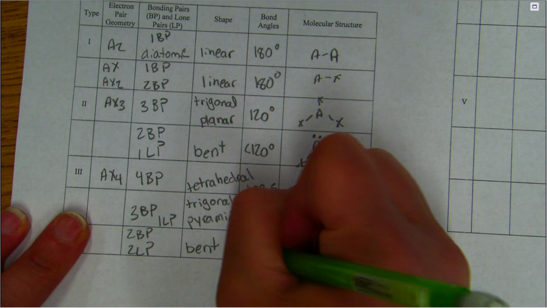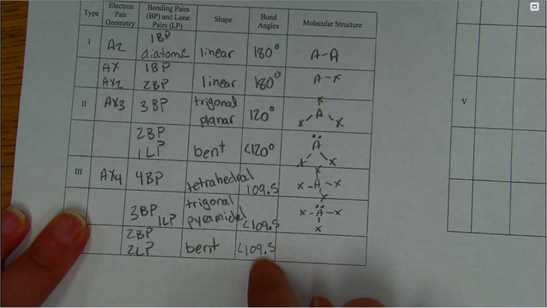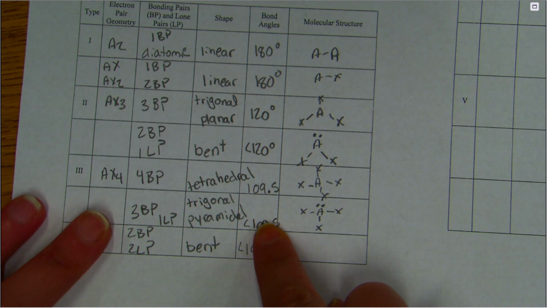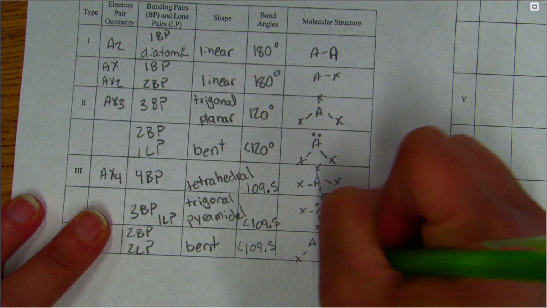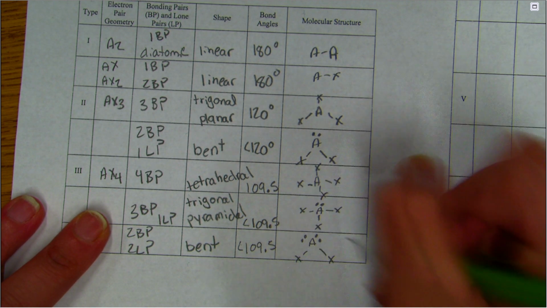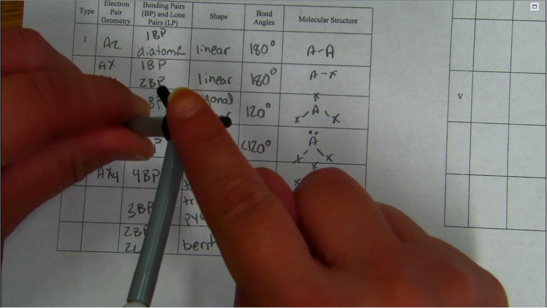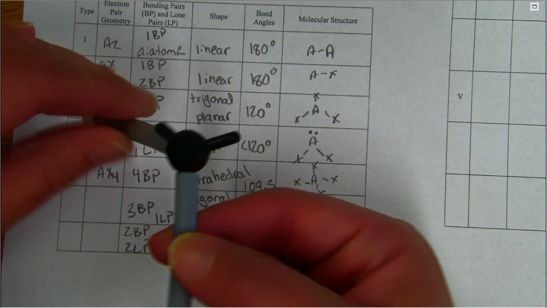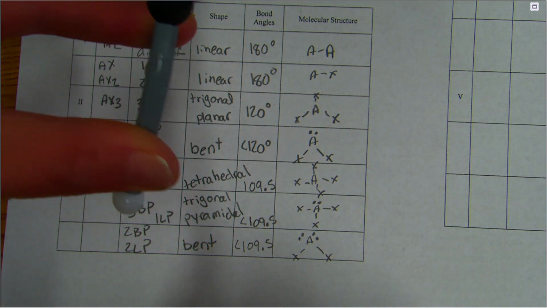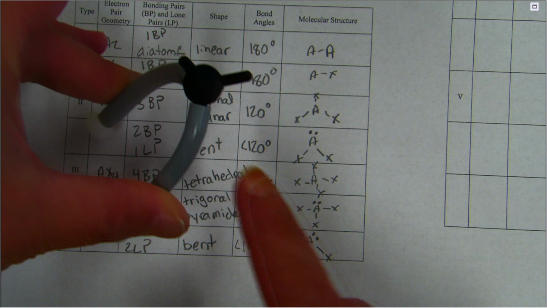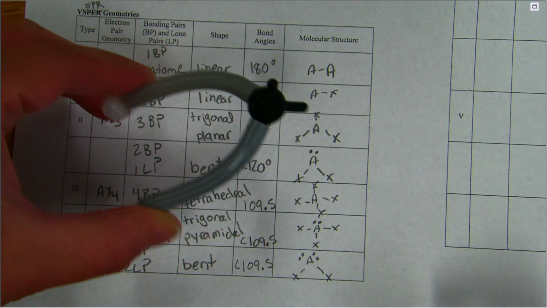Again, it is going to be less than 109.5, and even less than the trigonal pyramidal. It's going to look something like this. So what we have is 2 lone pairs, very negative. Because we have all of those negatively charged electrons, it pushes our 2 remaining pairs in much closer together.